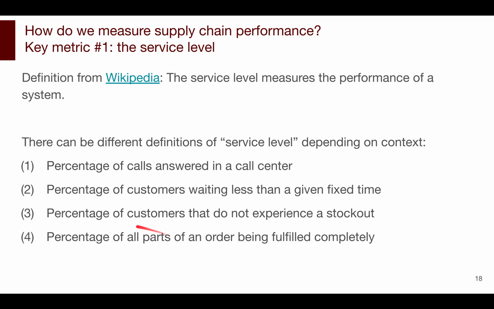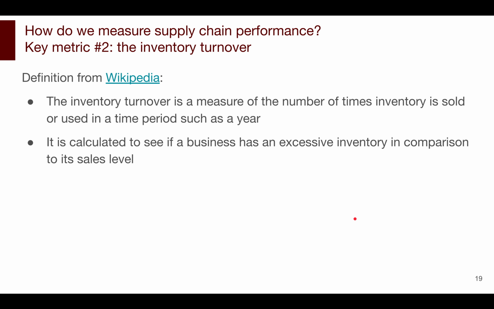So, I think the metric that might be more appropriate in our inventory management context would be something like this: percentage of customers that do not experience a stockout. The second measure is the inventory turnover, and basically it's defined as the number of times inventory is sold or used in a time period such as a year.